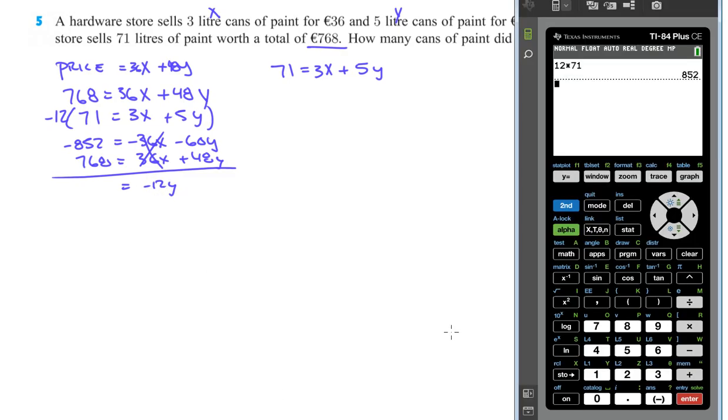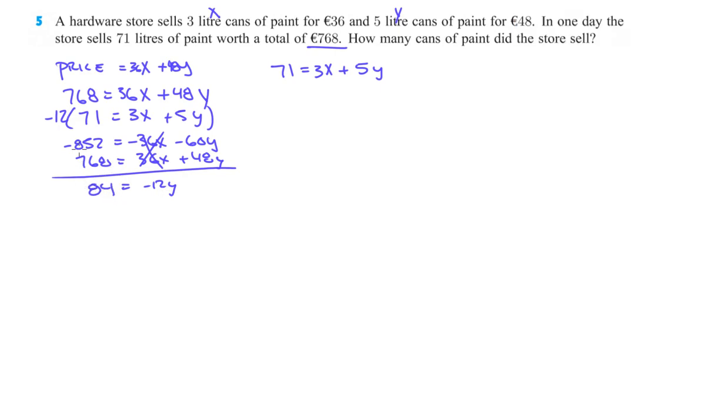And then let's figure out what this is. 852, and the difference between that and 768, right? It's 84. But that's a negative 84, so divide both by a negative 12. And we get that y equals 7. So we sold 7 5-liter cans of paint.